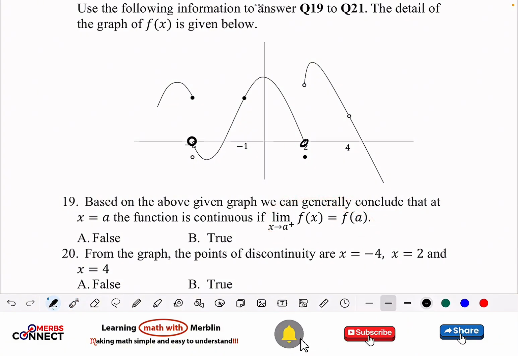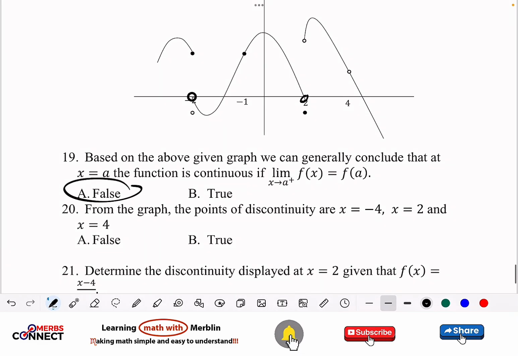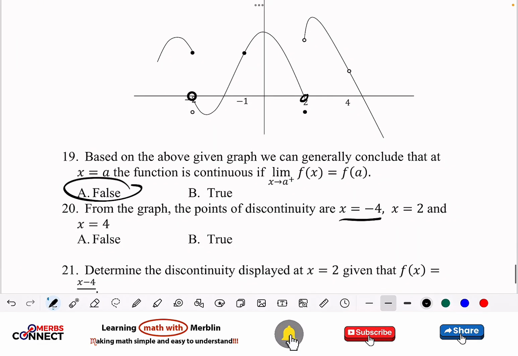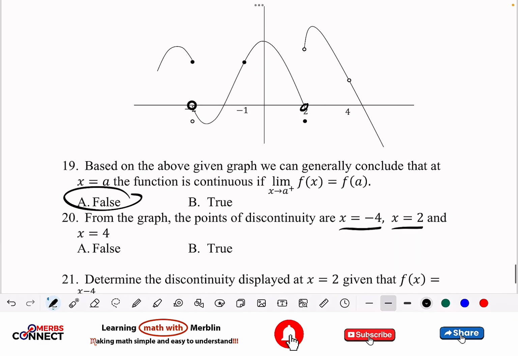No, let's pick false for this one. From the graph, the point of discontinuity is at x equal to minus 4, minus 2, and 2. Is that true? So x is equal to minus 4. What is this one here? This is minus 2. Okay, this one's supposed to be minus 4. Sorry.